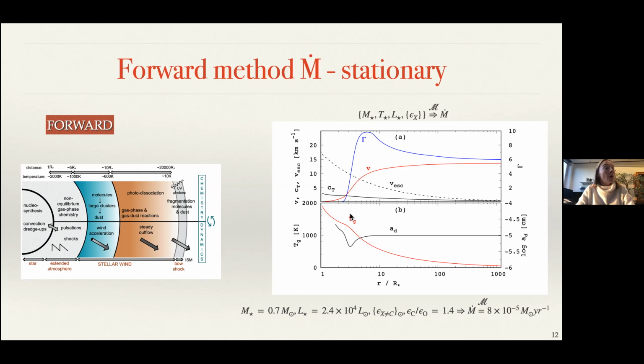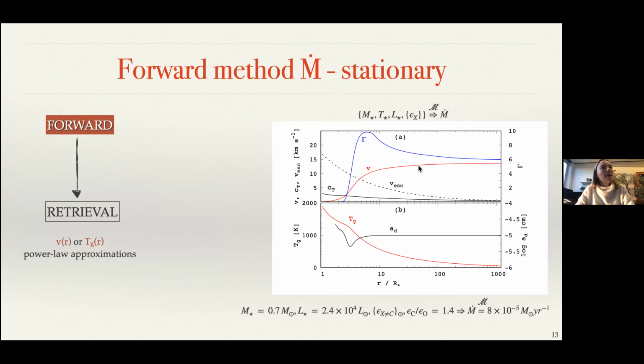You can see, oh, that looks quite simple. They are roughly power laws. Well, this is then exactly the input that is used for retrieval methods. They use the outcome of forward models, this kind of power law approximations, when they are modeling the observations.